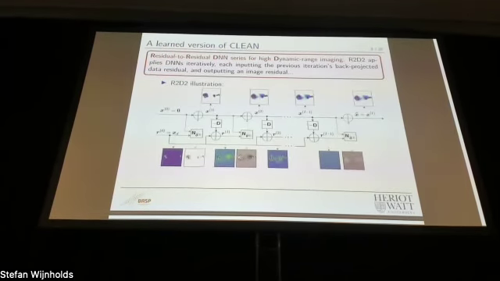And here's another way to see R2D2, just with arrows and boxes. So we start with the residual at the zeroth iteration, which is just the dirty image, going into the DNN with a zero image estimate. And then we get the output, which sums with zero, so it's just the output of the first iteration.